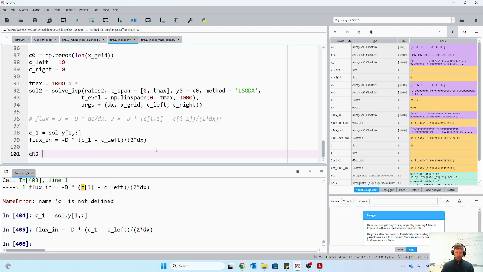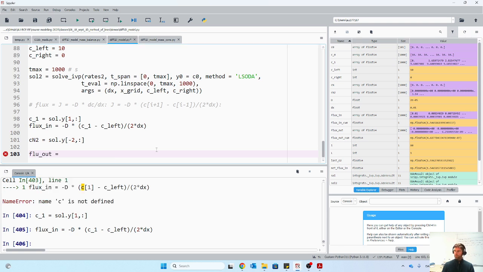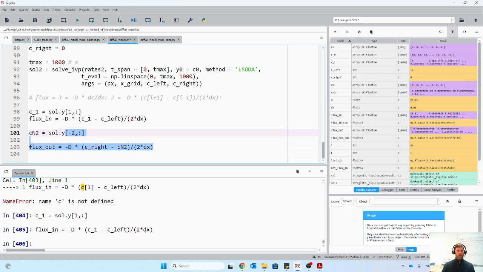If we want to make the central difference, we call it Cn2. So Y minus 2 and all time points, flux out equal to C right minus Cn2, divided by 2 times dx. So here we have written, again with central difference, the first derivative like this. Let's run that.